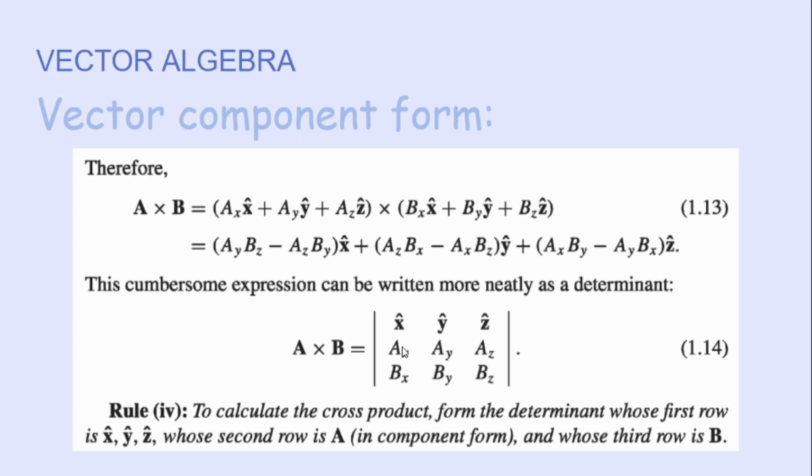Then you will multiply ax with bz, and then minus, and then you will multiply az and bx. Then you will put a positive sign, and you will ignore this column and multiply ax with by, putting a negative sign and then multiplying ay and bx. This is the form you will get. So this is the cross product of vectors in component form.